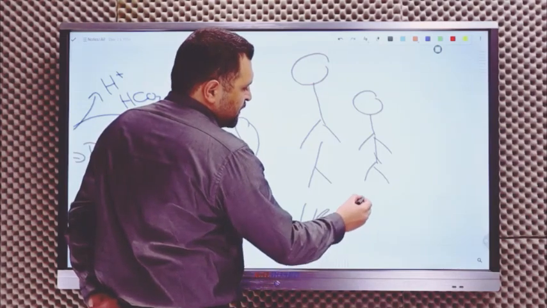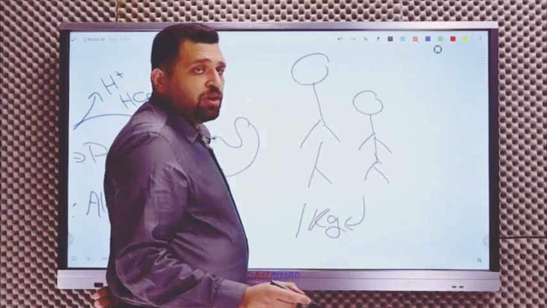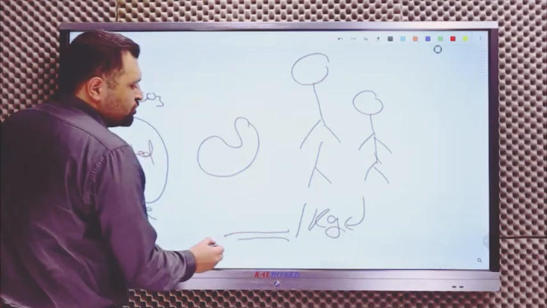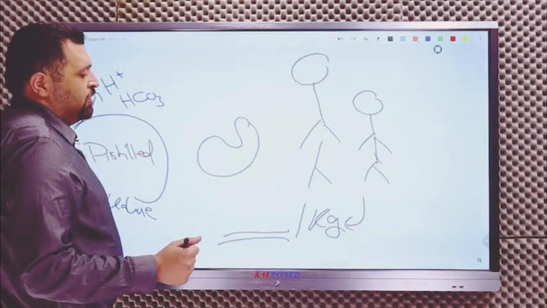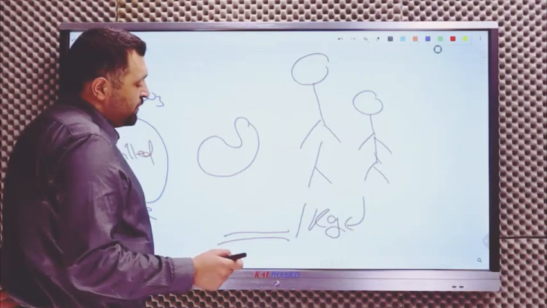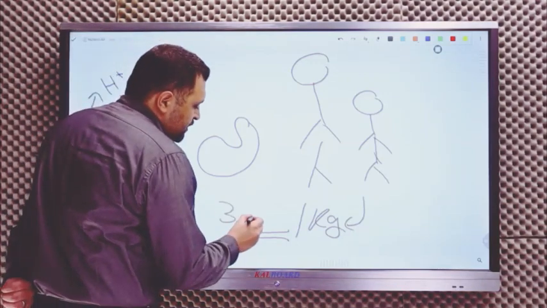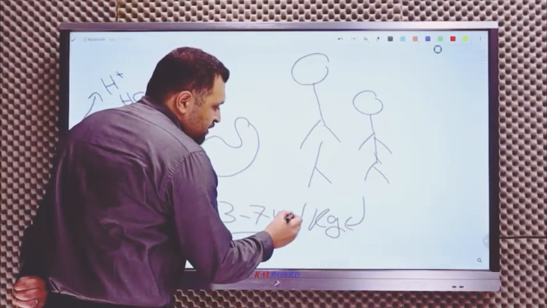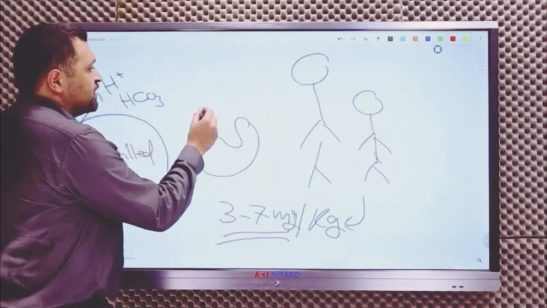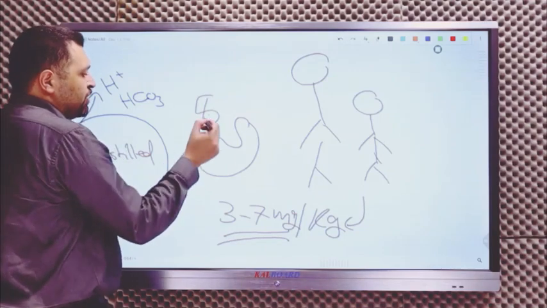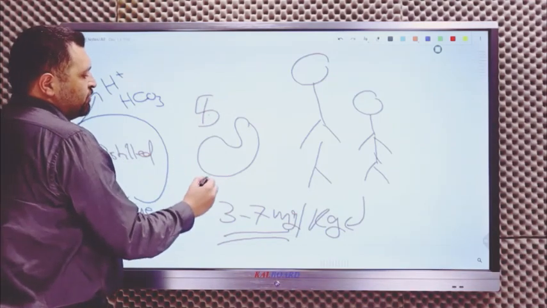So here is the weight in kilograms. Here, how much we should give per kilogram. So the dose of thiopental is 3 to 7 milligram per kg. So if this guy has 5 kilograms, we will give him around 15.